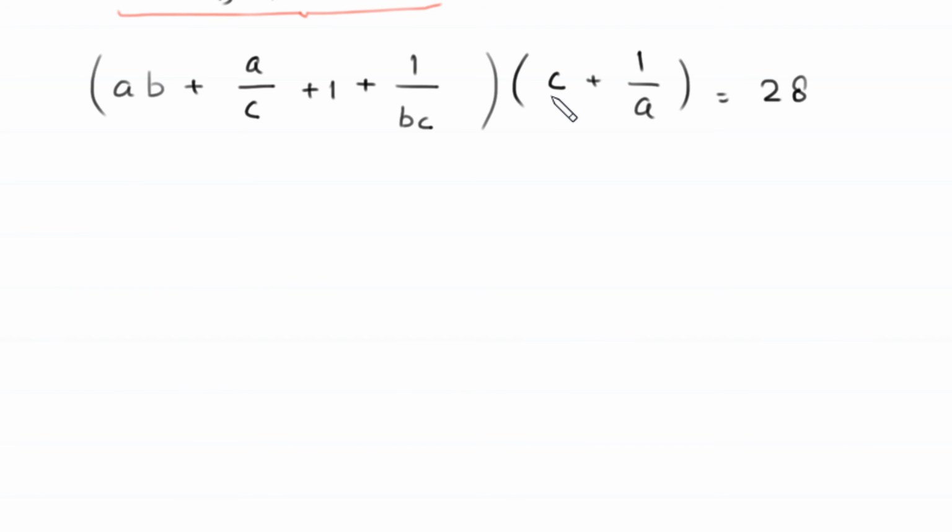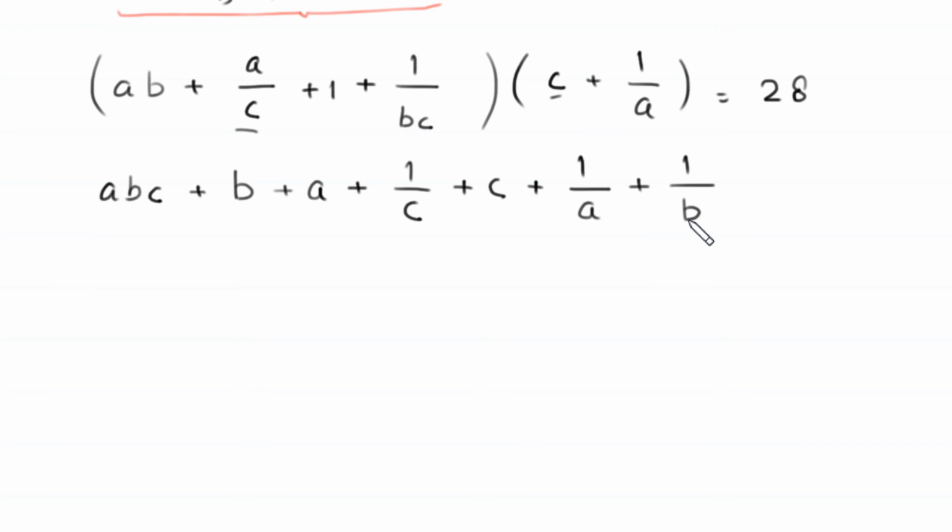Now this ab times c will become abc, and ab times 1 over a will become plus b, and a over c times c will become plus a, and a over c times 1 over a will become plus 1 over c, and 1 times c plus c, 1 times 1 over a plus 1 over a, and 1 over bc times c will become plus 1 over b, and 1 over bc times 1 over a will become plus 1 over abc equal to 28.